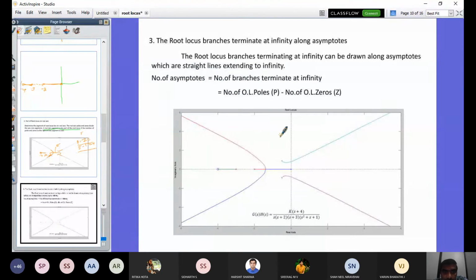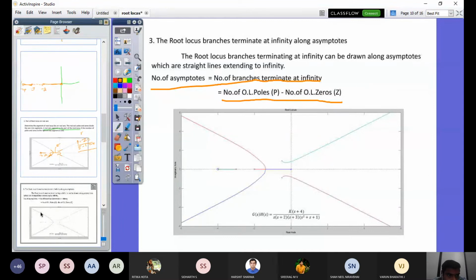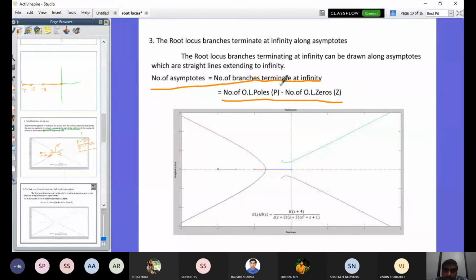First we identify how many asymptotes are required. That is p minus z. You should not just say 4. Here in this example it is 4, but generally we say p minus z number of asymptotes. So the number of asymptotes is equal to the number of branches terminating at infinity, or equal to the number of poles minus the number of zeros.